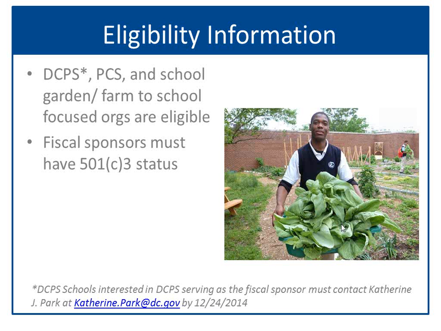So we've been in communication with the DCPS central office, and there's a contact email down below. They are willing to serve as the fiscal sponsor for DCPS schools that are looking for one. So I recommend that if you are in that category, reach out to Catherine Park, and she can help you with that process.